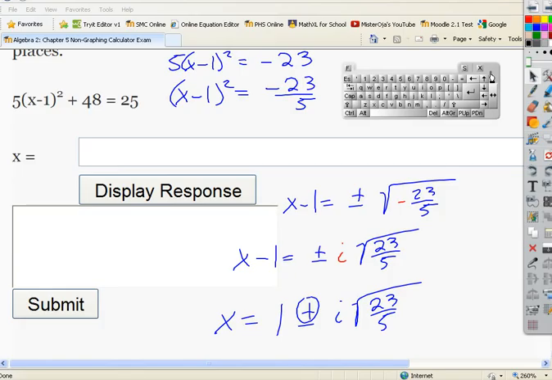And what? 23/5. But doesn't it mean you do the test? No, I don't think so. It says if you choose, but I wouldn't recommend it. Just enter it.